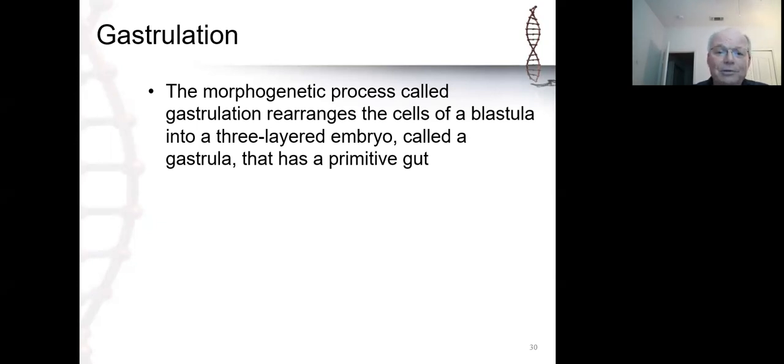So if you've got an organism like a chicken, where you've got plenty of yolk to support the development of the embryonic chick, and it's doing so inside a hard-shelled egg, then obviously the gut can't function as a proper feeding organ, but it can still break down material released from the yolk and provide nutrition to the developing embryo. And we do get the development of this primitive gut, this archenteron, as a part of the gastrulation event.